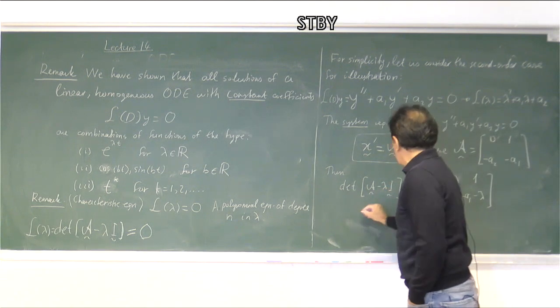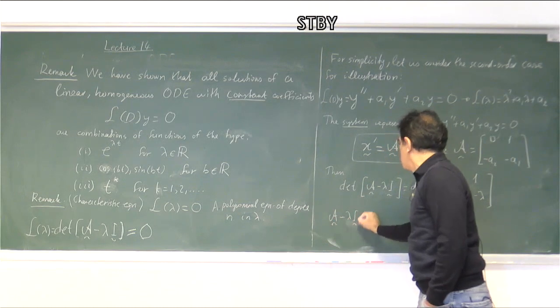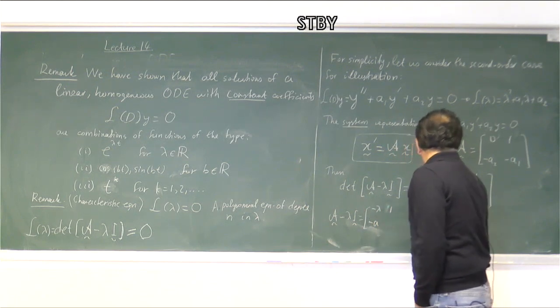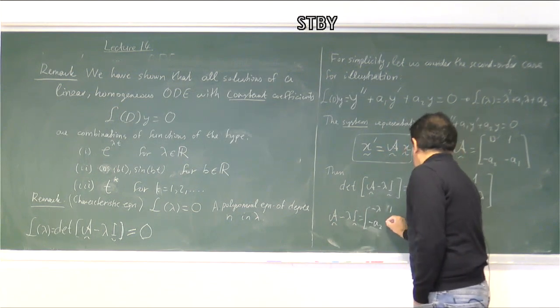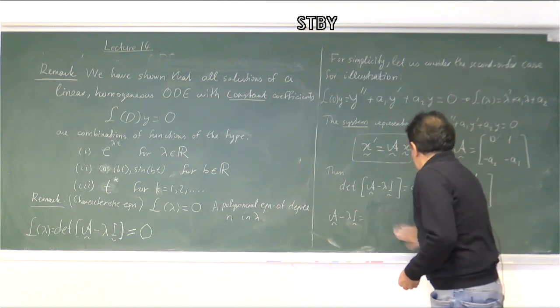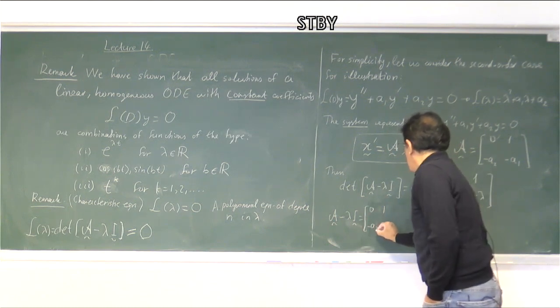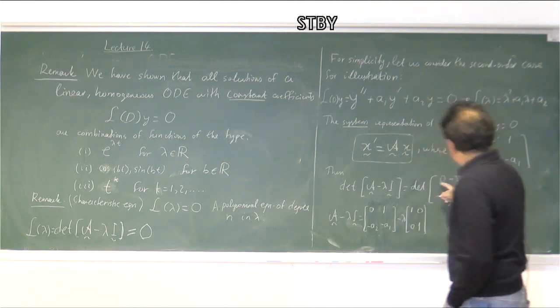This is A minus lambda I. Look, A minus lambda identity is this matrix, 0, 1, minus A2, minus A1, minus lambda times identity. Good. So it gives this one.